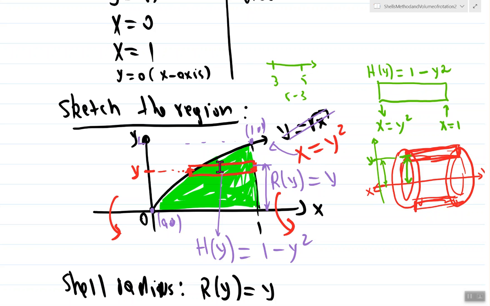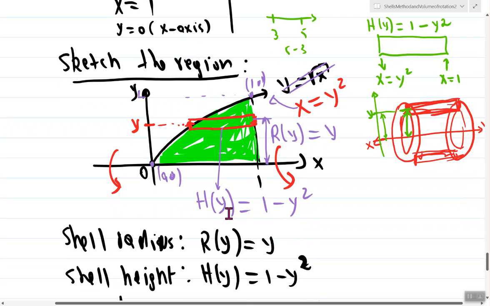So to find the height, we're going to go from right to left. This point to the right is x equals 1. That point to the left is x equals y squared. So that means the height is going to be 1 minus y squared. Okay, so you get h of y equals 1 minus y squared.